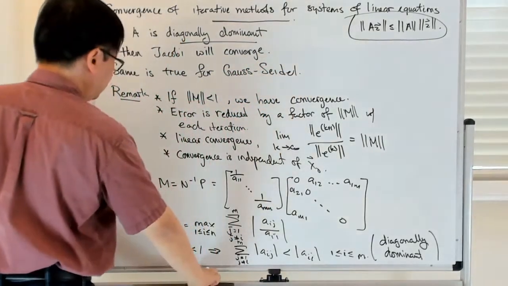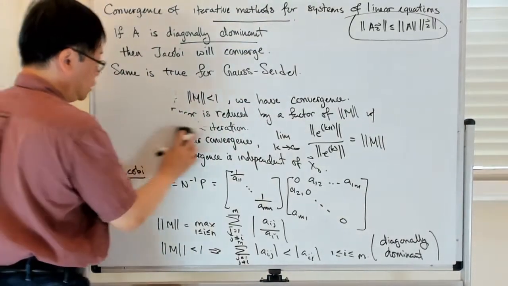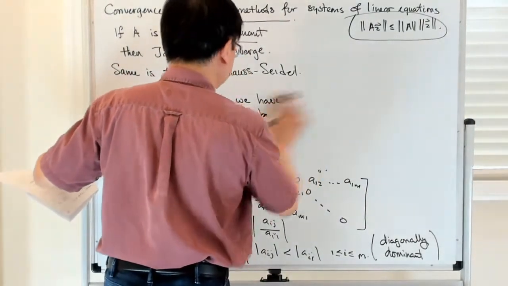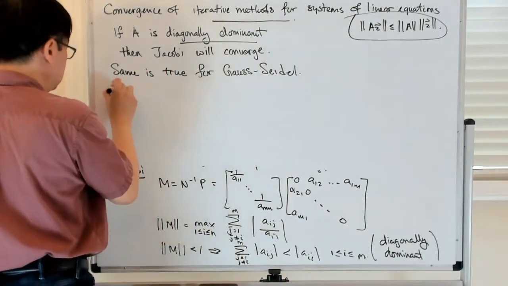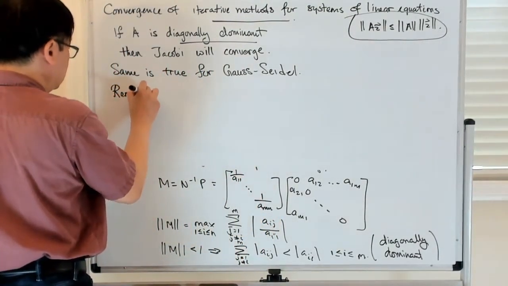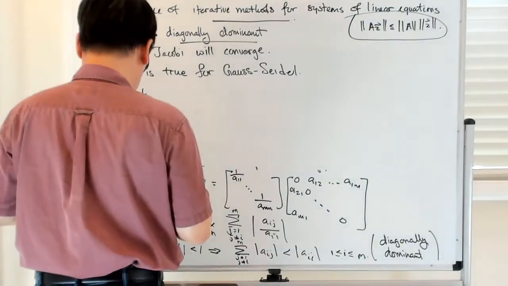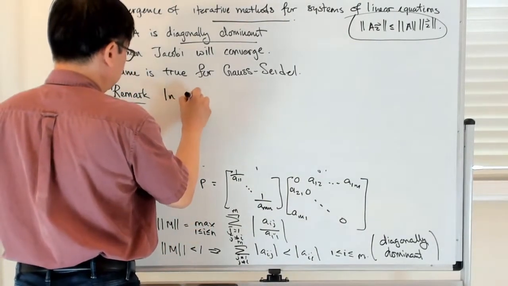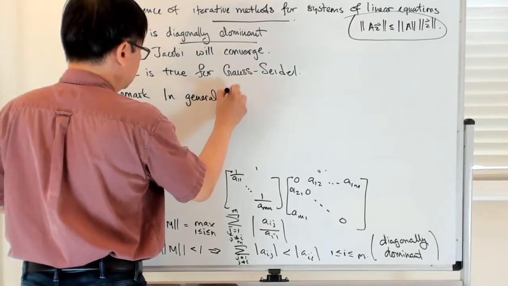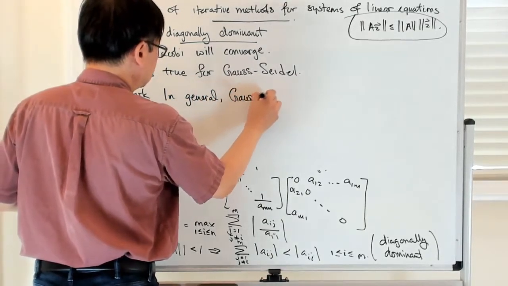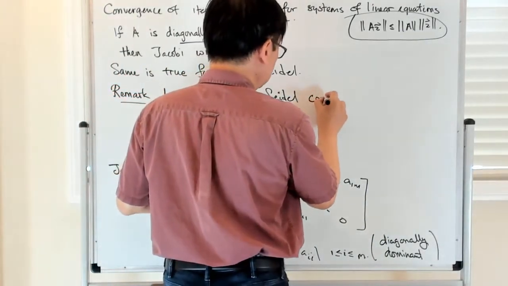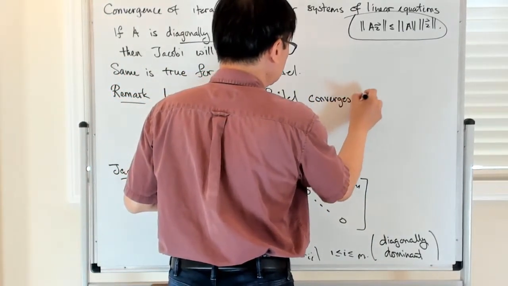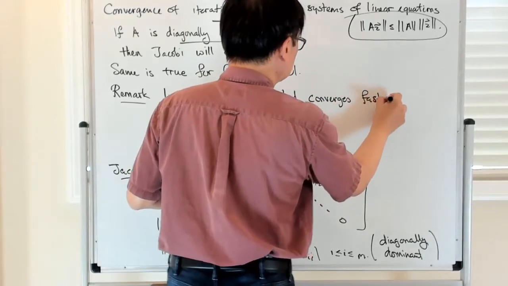I should make one further remark, which is that in general Gauss-Seidel will converge faster than Jacobi.